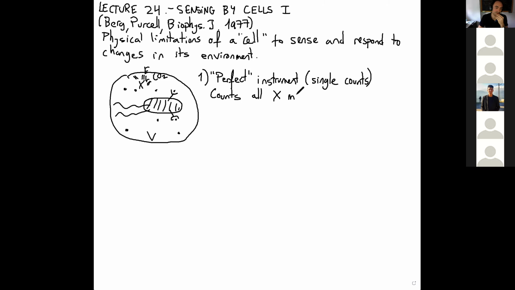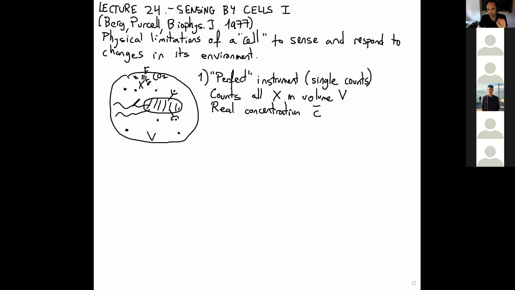Counts all X molecules in volume V. And we will say that the purpose of this cell is to estimate the concentration. So we will say that the real concentration is C bar.